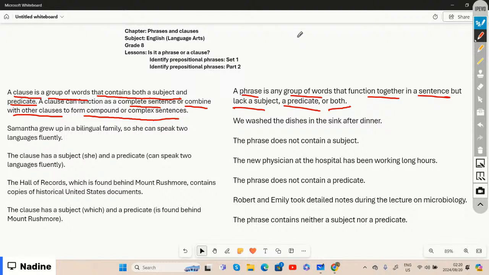And if you look at another example of a phrase, it says Robert and Emily took detailed notes during the lecture on microbiology.